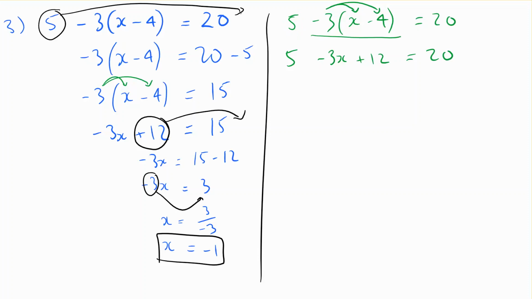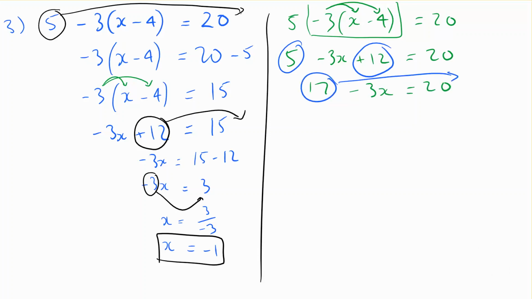You only times the brackets by the term right out the front, the negative 3. So then here, 5 plus 12 on just this side is 17. 17 minus 3x equals 20. Take the 17 over there, you'll have minus 3x equals 20 minus 17. 20 minus 17 is 3, and look, we're back here.